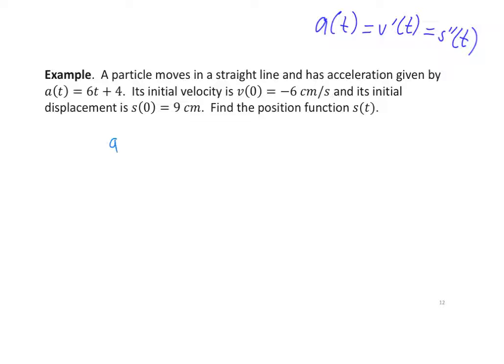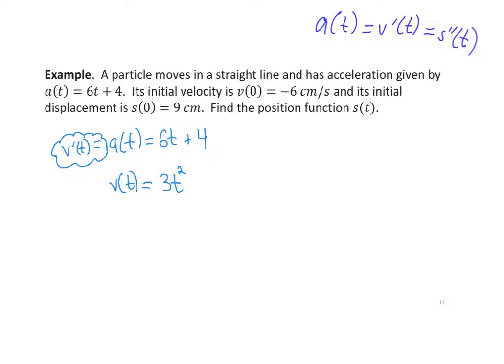All right, so a of t is 6t plus 4. And again, we're thinking of this as the derivative of velocity. When I take the antiderivative of a of t, I'm going to end up with v of t. I'm going to take off that prime. Antiderivative of 6t is 3t squared.